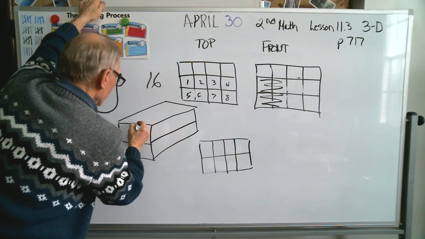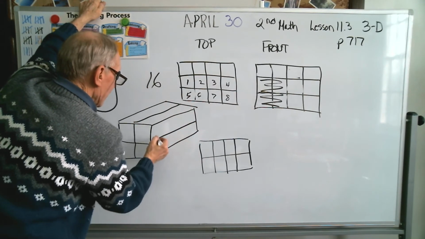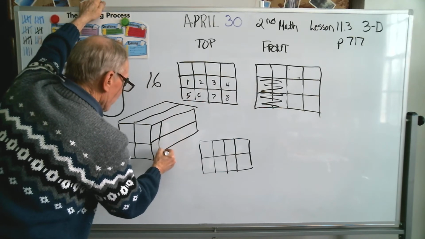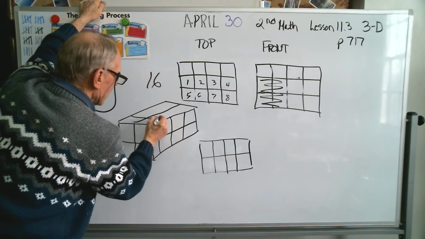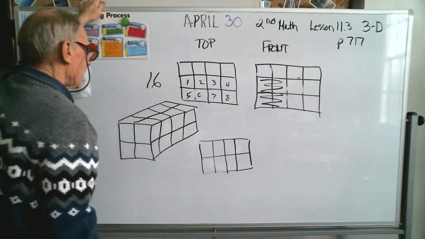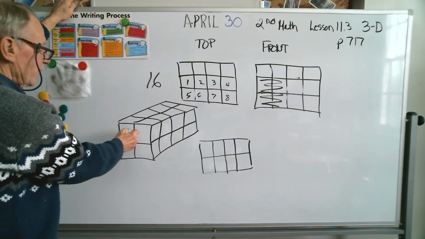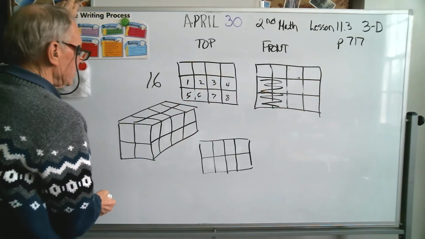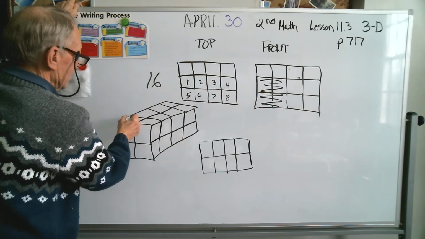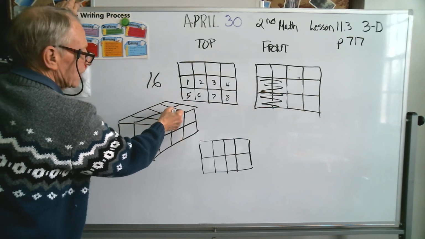So we're just going to draw this all in, and this is 4 blocks here. So we draw and connect our lines. Now, this is the front. You see the 4 blocks on the front, and then the top is 1, 2, 3, 4, 5, 6, 7, 8.